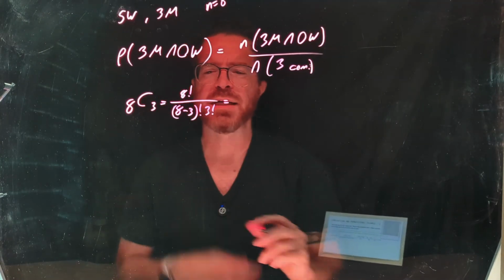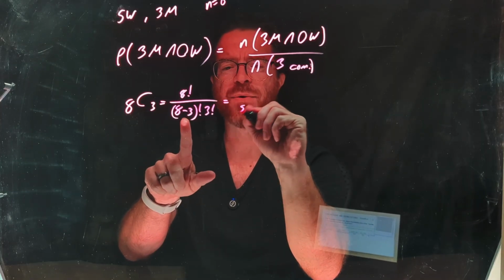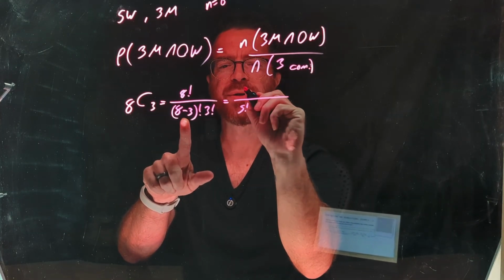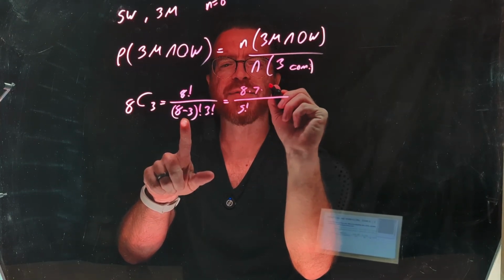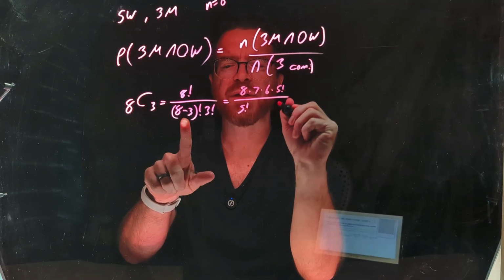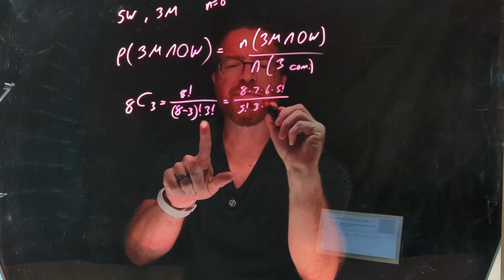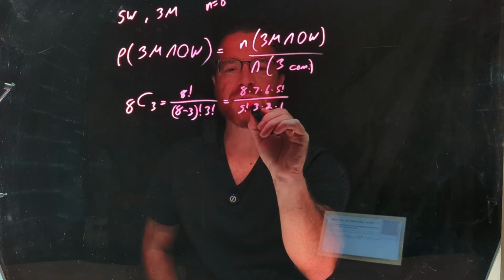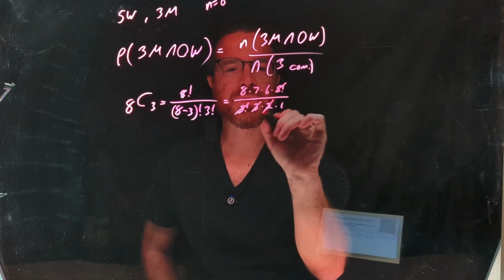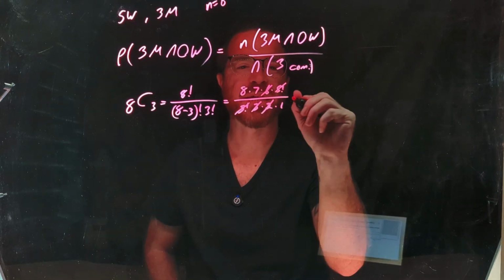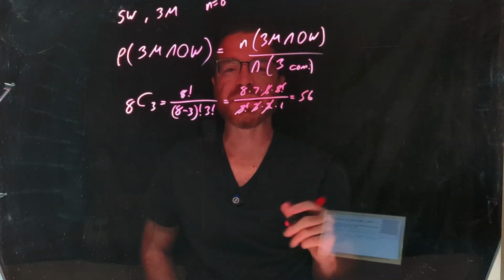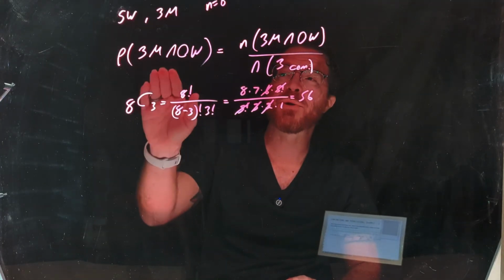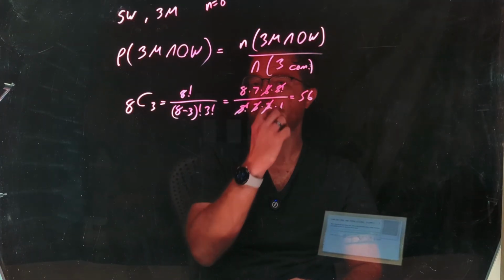So 8 minus 3 is going to be 5 factorial. So I'm going to do the top as 8 times 7 times 6 times 5 factorial, and then 3 factorial, 3 times 2 times 1. Cancel the 5 factorials. 3 times 2 cancels with 6, leaves me 8 times 7, which is 56 possible ways that I could make a 3-person committee from these 8 people.